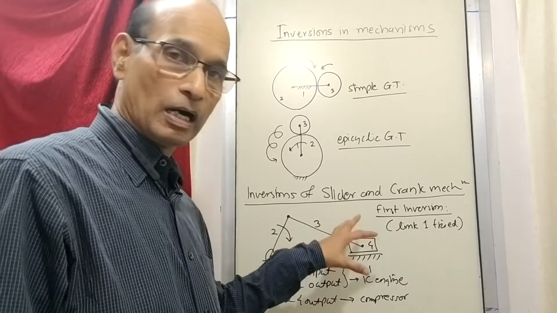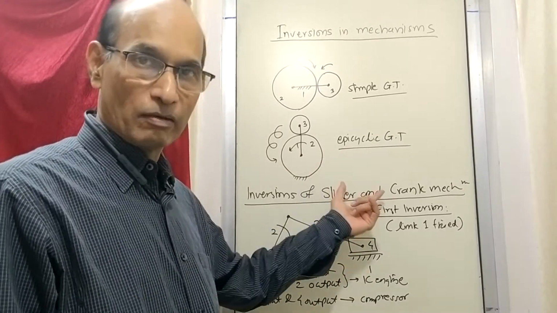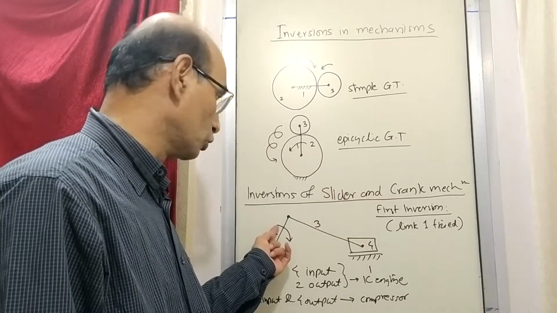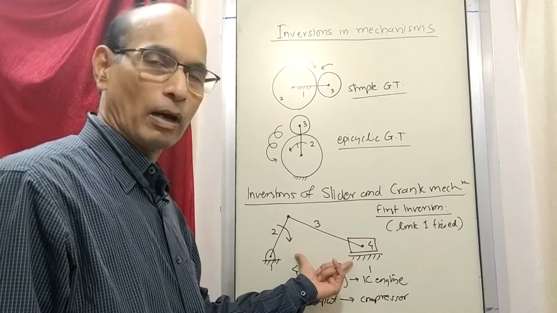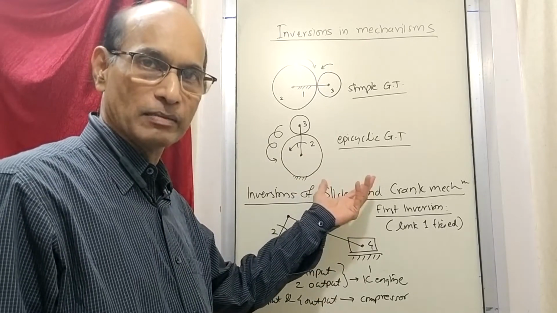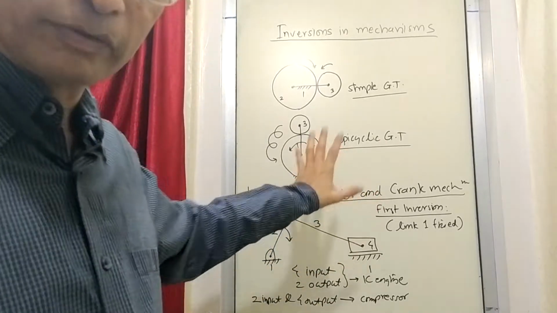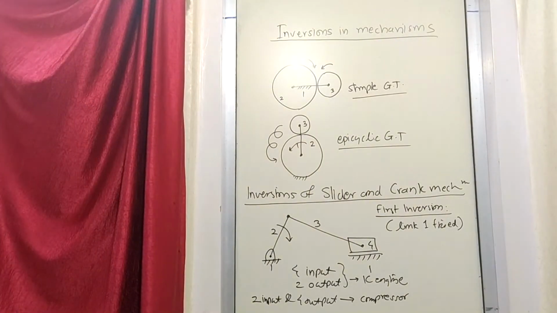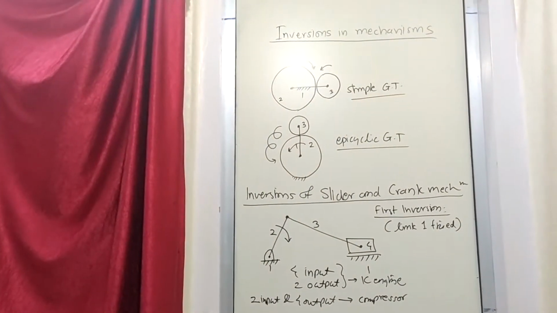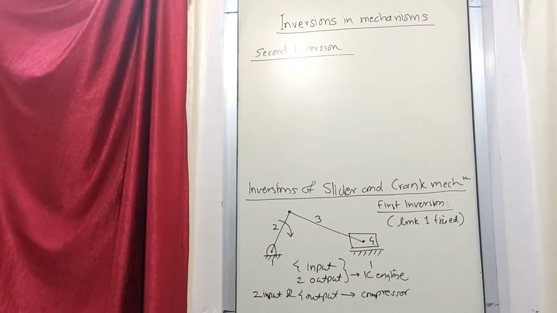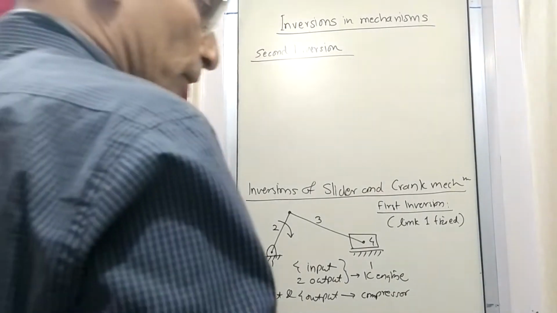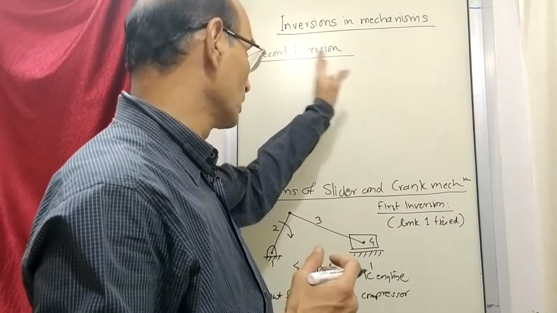So now the next inversion is the second inversion, where we are fixing link number 2 and releasing link number 1 and getting some different type of mechanism, which we'll draw here. Just note down this much. Okay, so now let us see the second inversion.